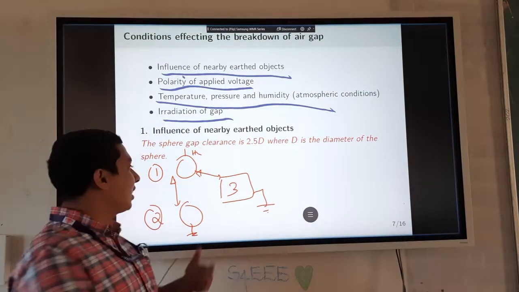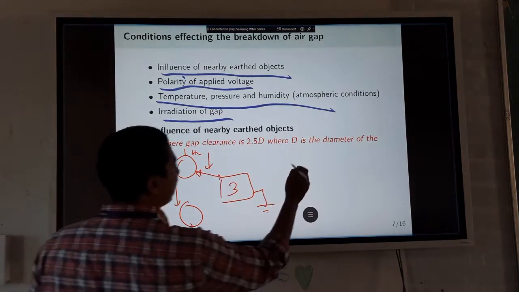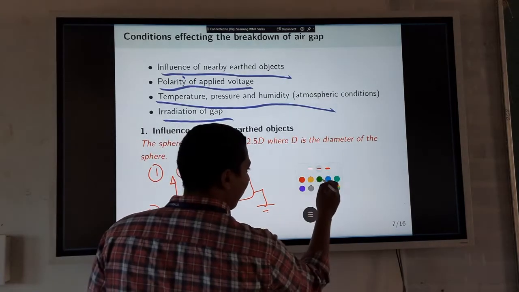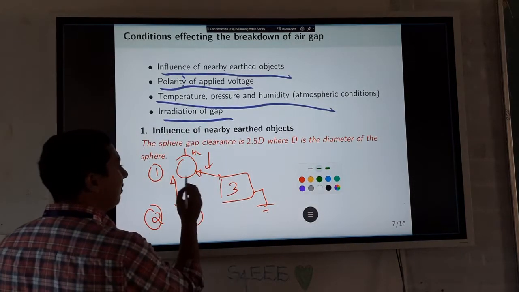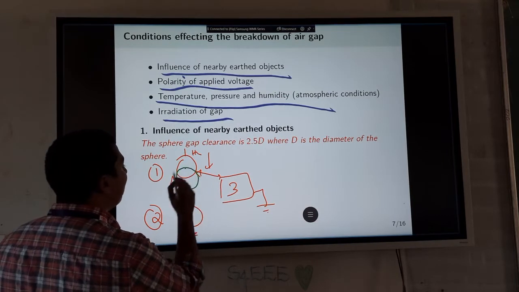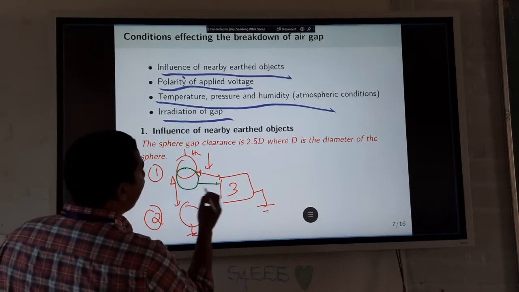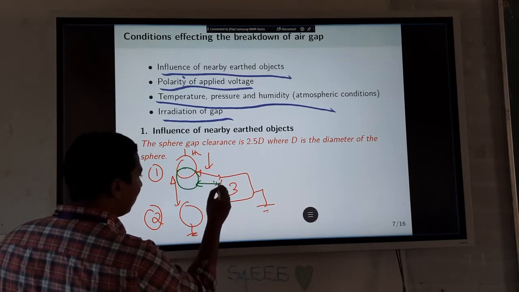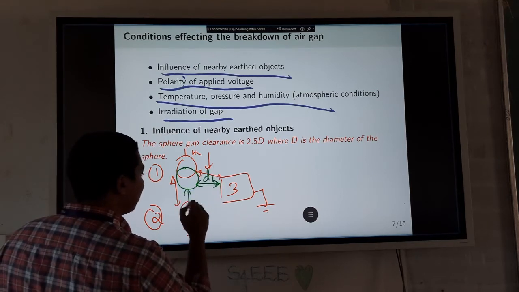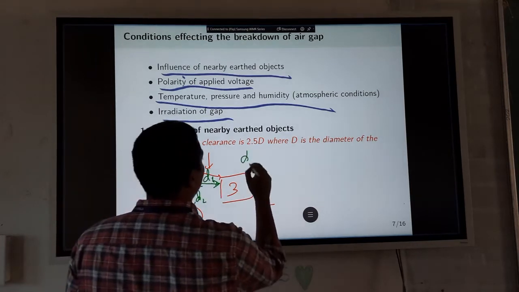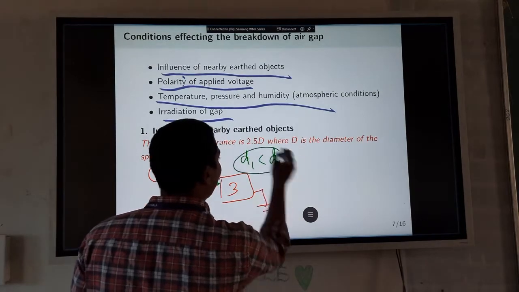So there is a chance. When I start decreasing the sphere gap distance, let me say after some time my sphere gap has reached till here, and if this distance d1 is lesser than this distance d2, then what will happen?